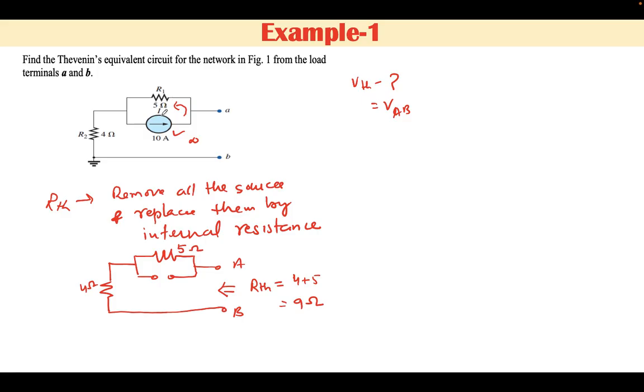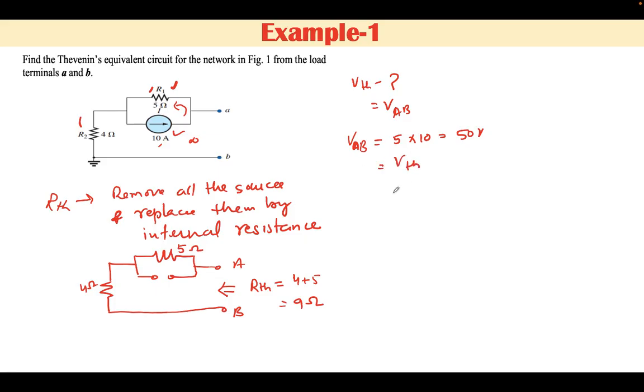The voltage across this R1 resistance will be equal to the product of this current and this resistance, and hence the voltage across this resistance when the current source is connected here will be 5 into 10, which is equal to 50 volt, and this is the voltage across terminals A and B. Because there is no voltage drop across the other resistance, the voltage drop is only across this resistance, we can directly calculate the voltage as 50 volt, and this is equal to VTH.